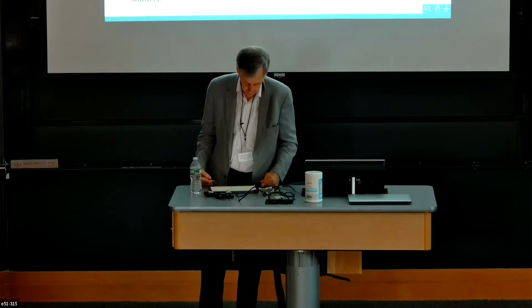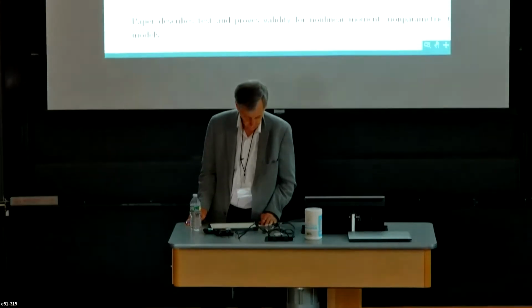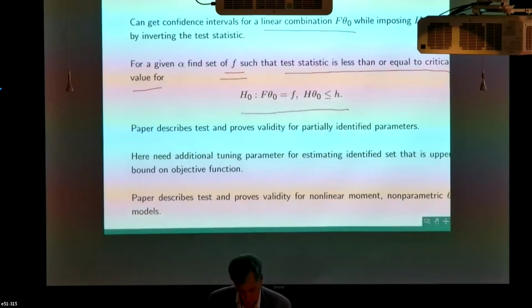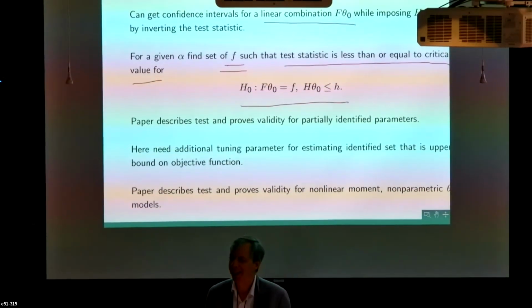Okay, and the paper describes that, so that's how you get the confidence interval, and as I said, it's been done in some papers, and reportedly, it wasn't too hard to do.